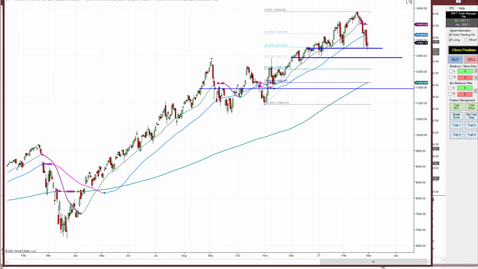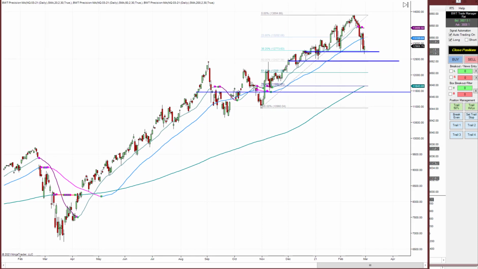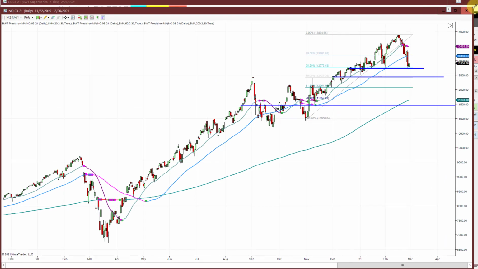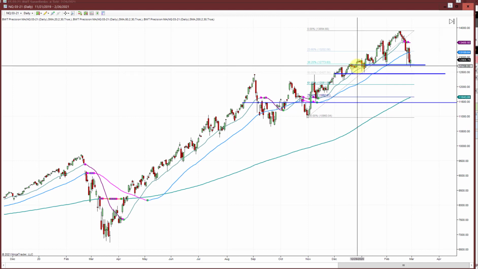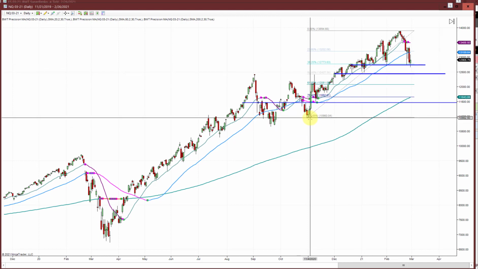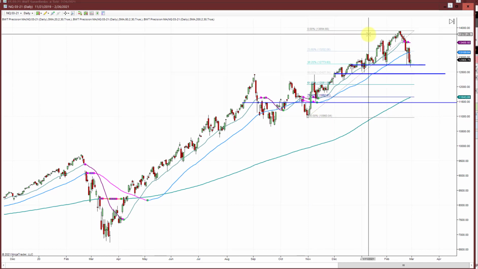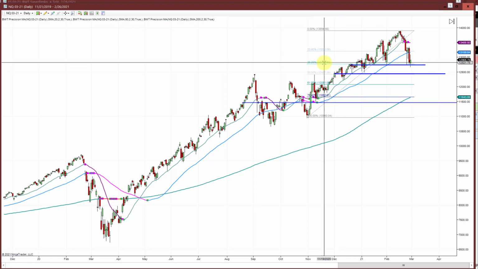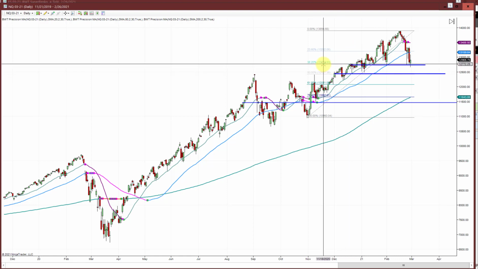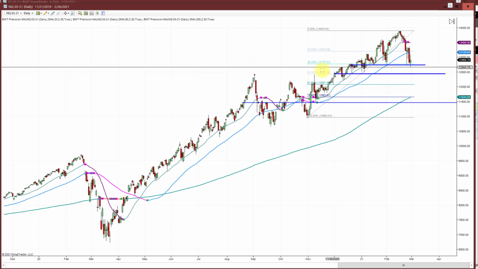Let's take a look at the daily chart here. What we see is a decline in the NASDAQ, but notice I just drew a Fibonacci grid from the recent low swing to the high, and notice all these hits on a 38% retracement from the high.